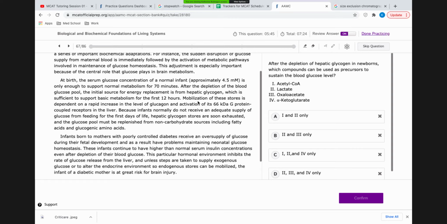But I know that oxaloacetate can come out of the Krebs cycle and I think goes into gluconeogenesis. So the ones that have 3 I am leaning on. So it's a matter of 4, alpha ketoglutarate.